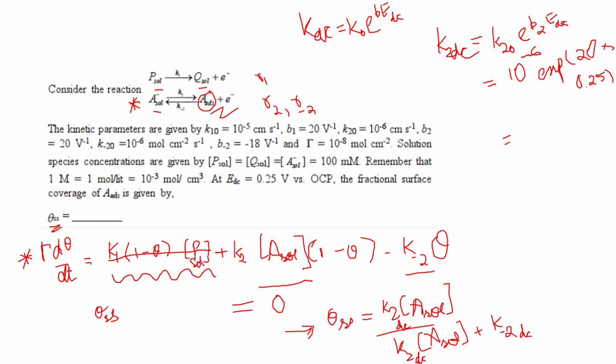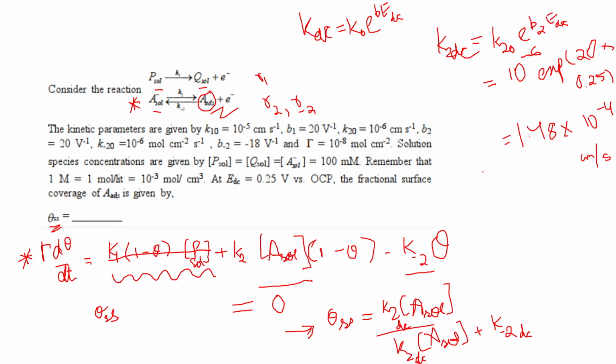Yes, what is K2 DC? It is 1.48 into 10 to the power minus 5 centimeter per second. Units are important because sometimes you'll have to do some conversion.